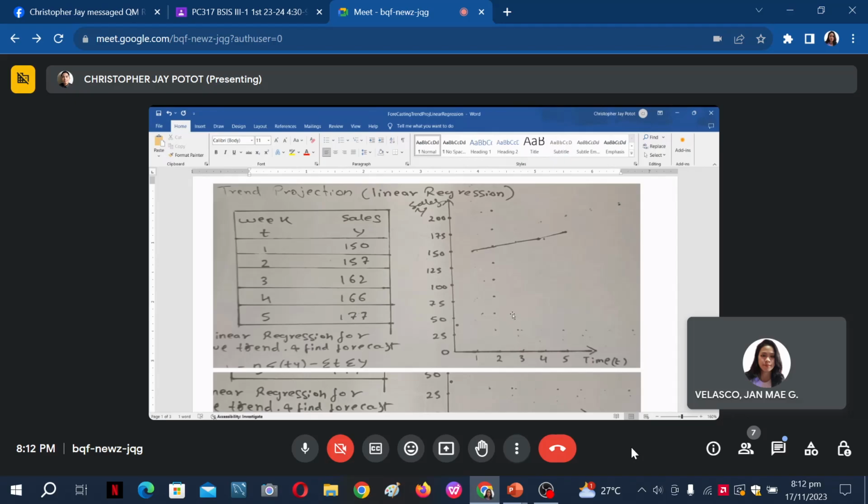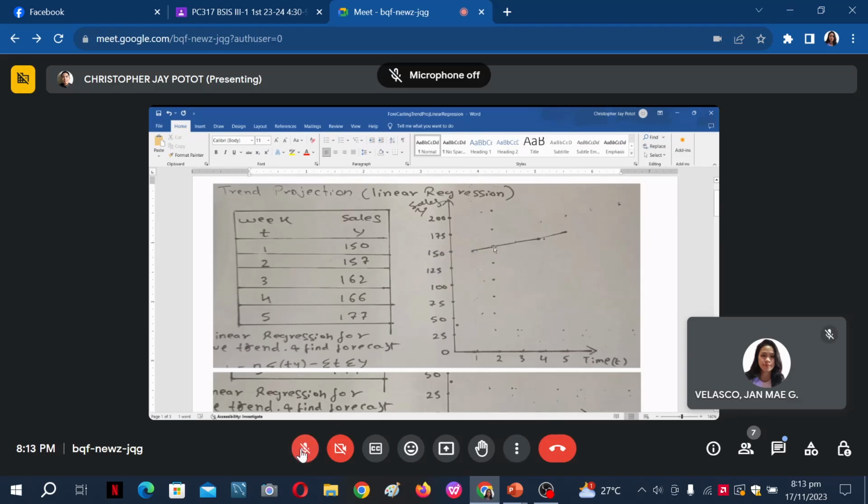To have it visualized with the line, we must also plot the data points. Using the x and y axes, we have the y axis for the sales and the x axis for t, or our week. So you have 1, 2, 3, 4, 5 on the x axis, plotting sales ranging from 25 to 50.